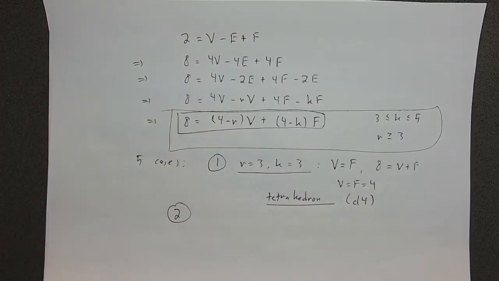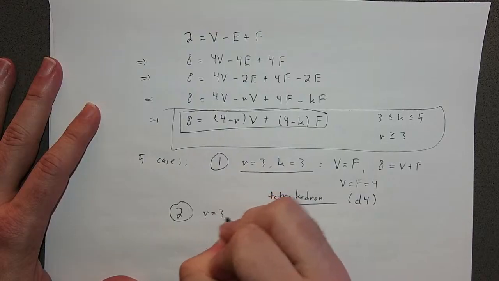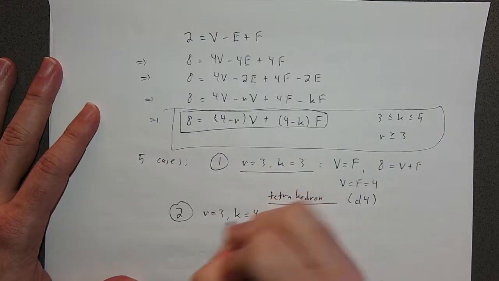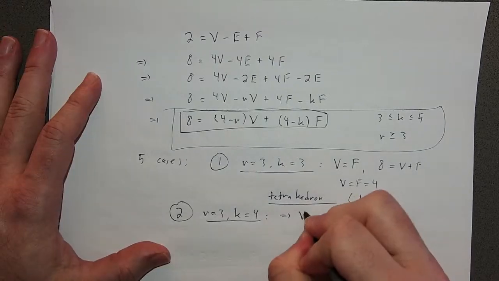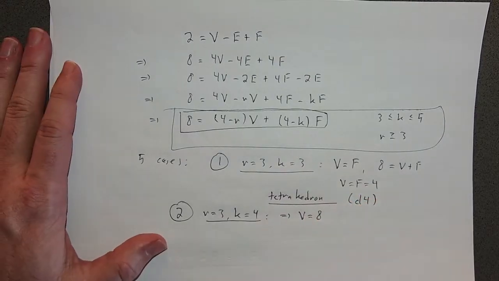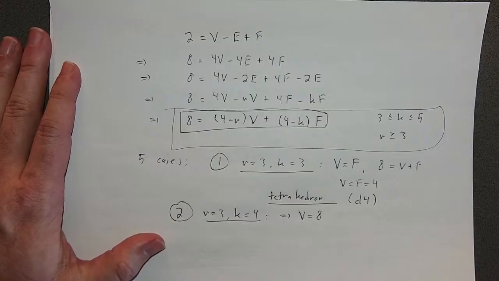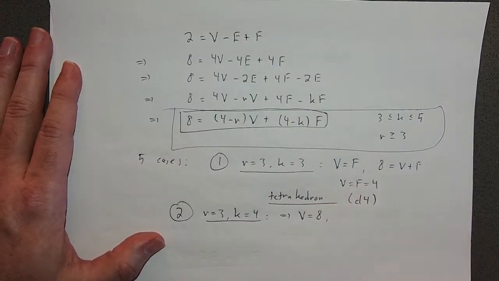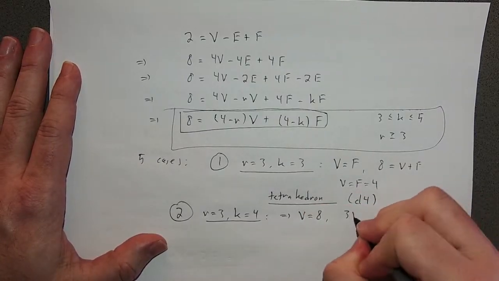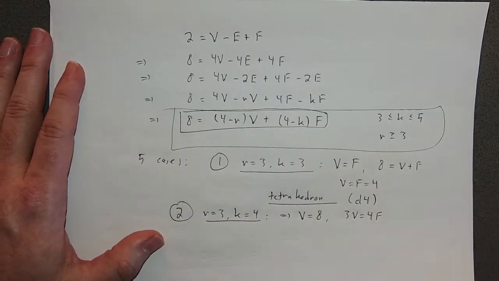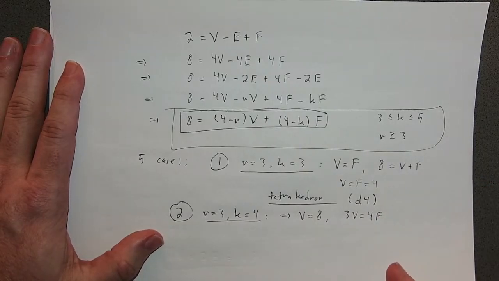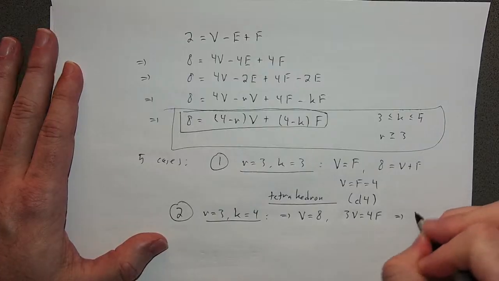Case 2. What if r is 3 and k is 4? Using this relationship, this implies there are 8 vertices, and 3 times the number of vertices equals 4 times the number of faces, which implies that the number of faces is 6.